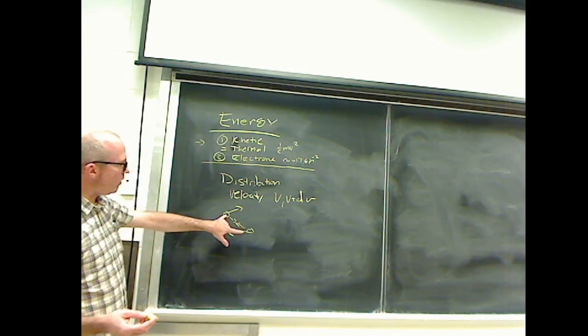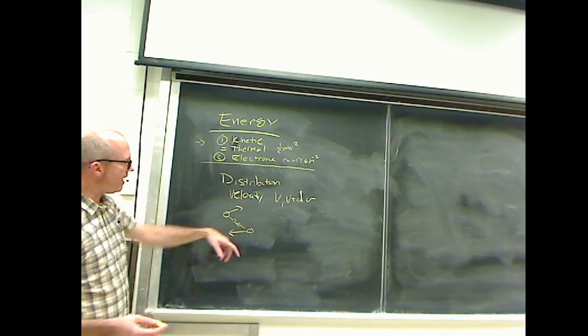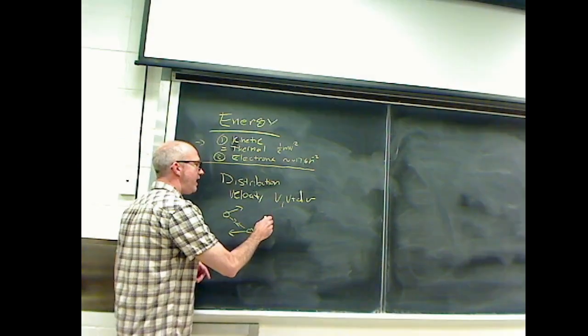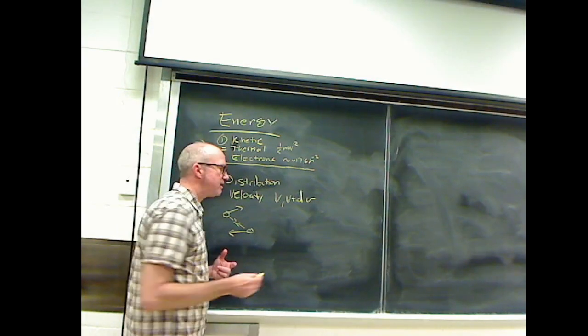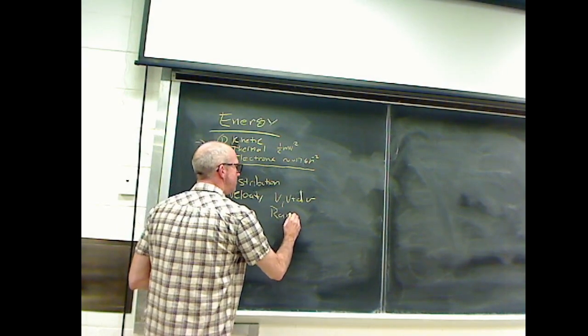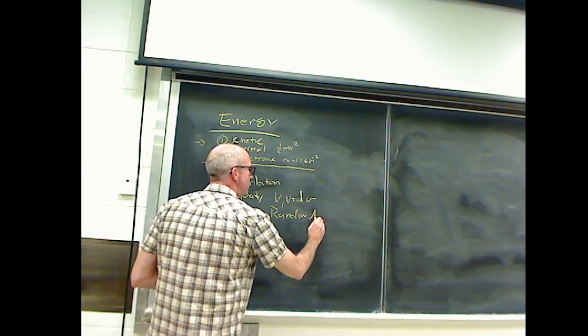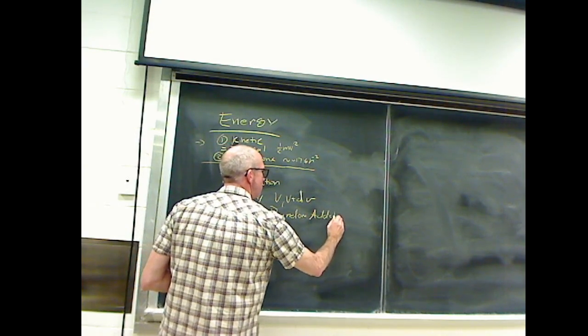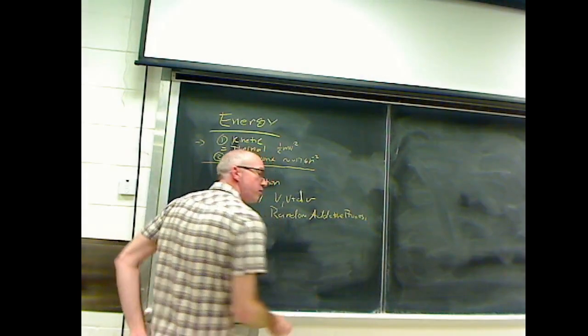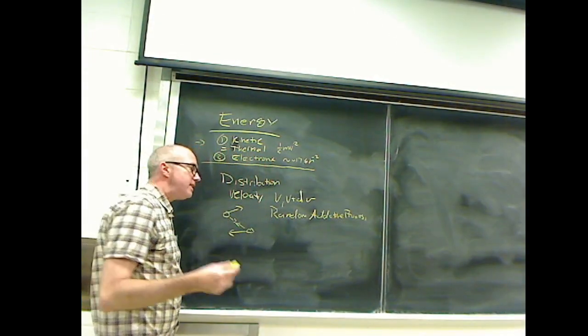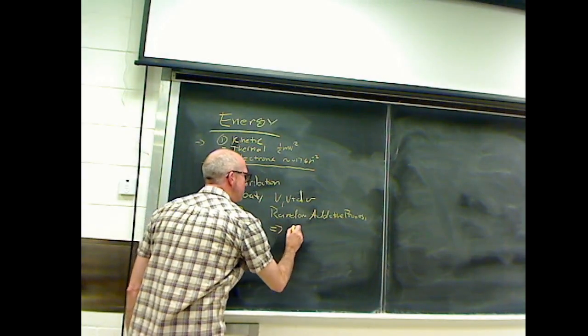When I want the velocity of this thing interacting, I'm going to add some stuff up. And so I have this random additive process where all the processes are identical, and this gives you a Gaussian.